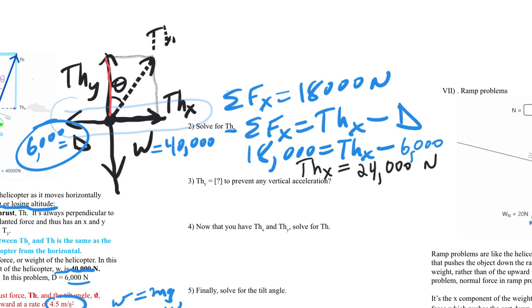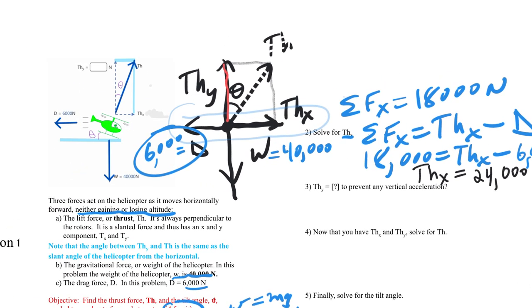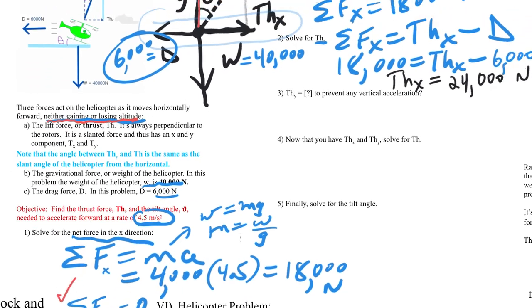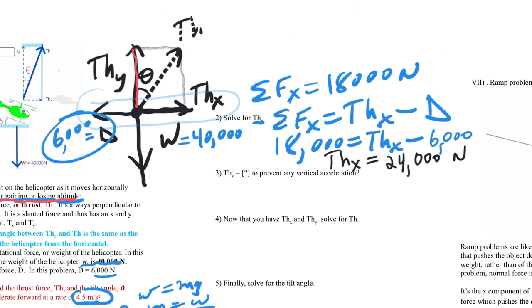Because it's neither gaining or losing altitude, so its net force in the y direction is 0, like I mentioned over here. So those two forces have to equal each other. So THY, the y component of thrust, has to equal the weight, or else it'd be either losing altitude or gaining altitude. So that equals 40,000.